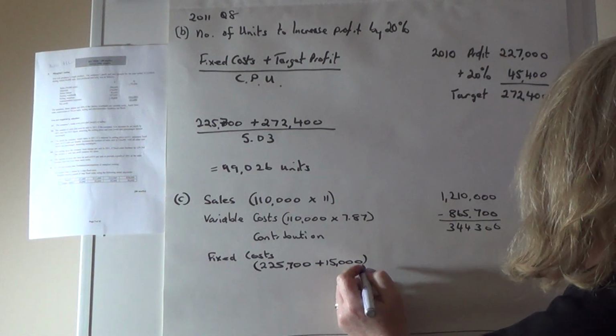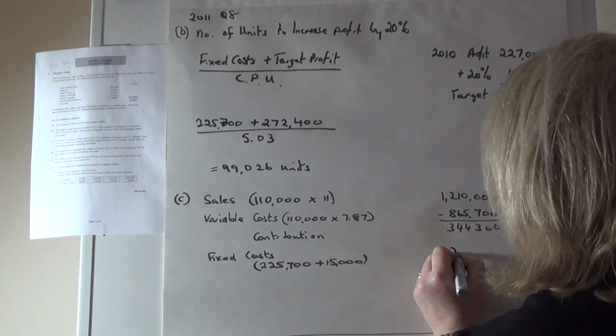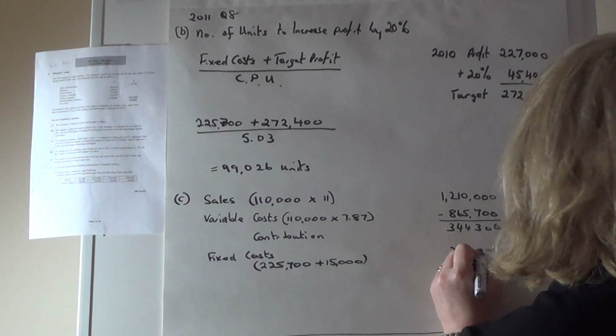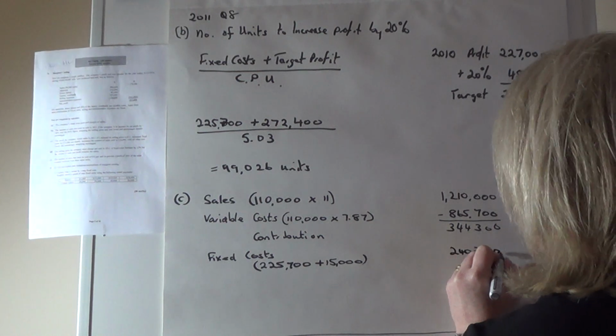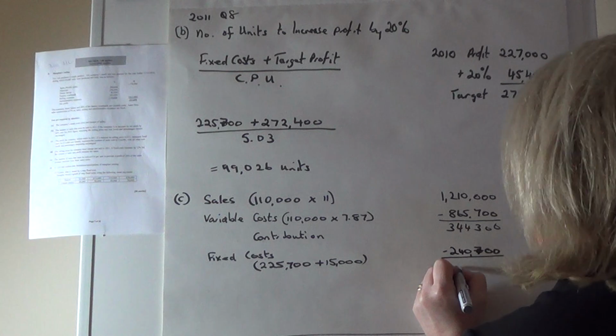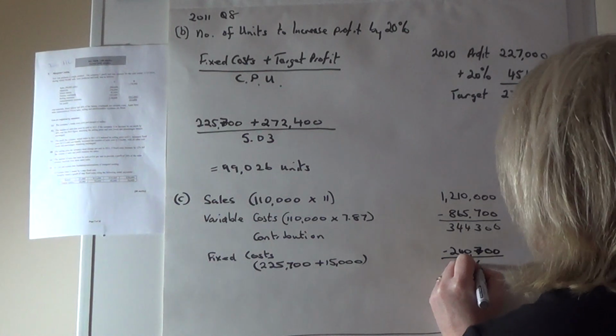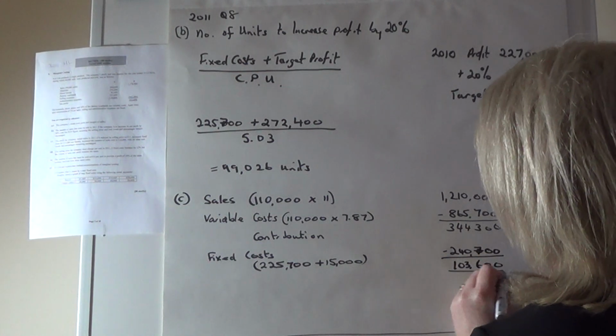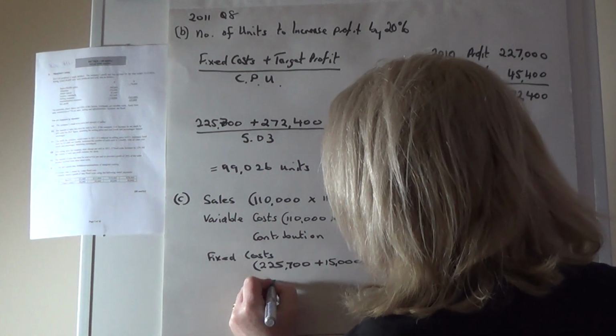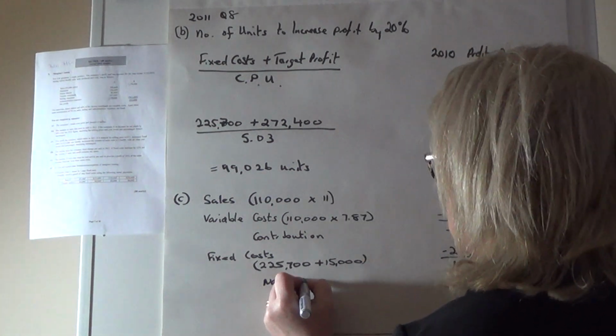So our fixed costs then total 240,700. So when I take that out, I get my new profit figure of 103,600.